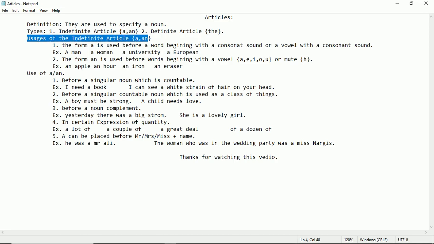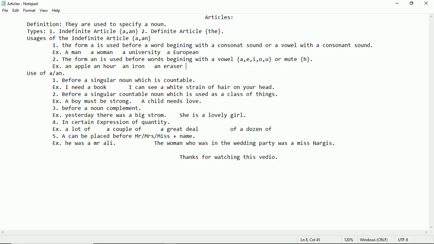First of all, the form a is used before a word beginning with a consonant sound or a vowel with a consonant sound. So what do I mean by a vowel with a consonant sound? In English, most of the time, vowel letters don't make any sound. They have specific rules to follow.